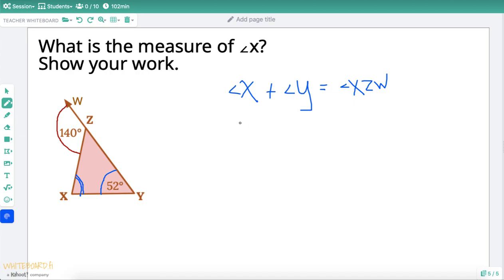All right, so I know that X is my unknown, so I'll leave that as an X. And Y is 52. And those two things we have to add together. And angle XZW is 140 degrees.